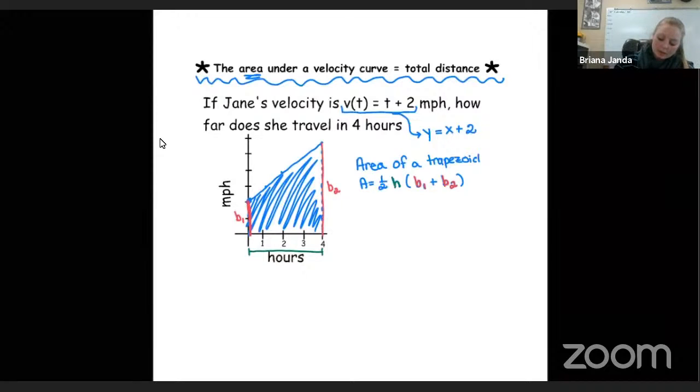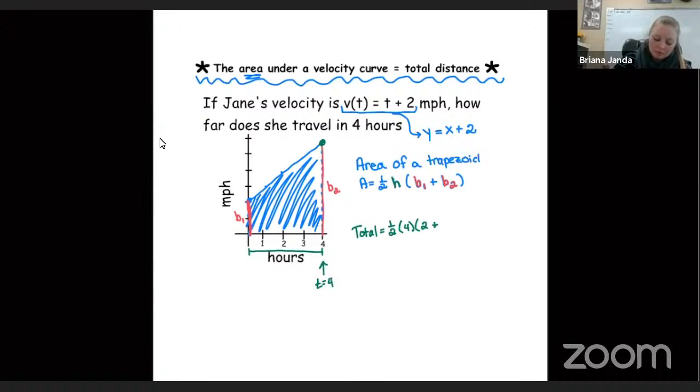So just looking at this specific example, the total distance traveled will equal the area under that curve, which would be 1/2. Our height or our distance between our bases is 4. Our 2 bases were 2. And then if we look at this one right here, let's talk about this real quick. Maybe I didn't draw a good picture, but remember that is at time equals 4.